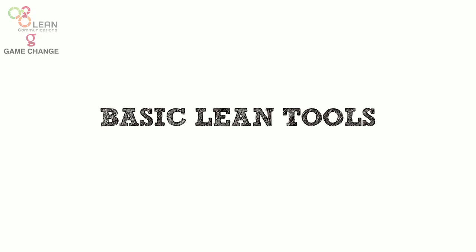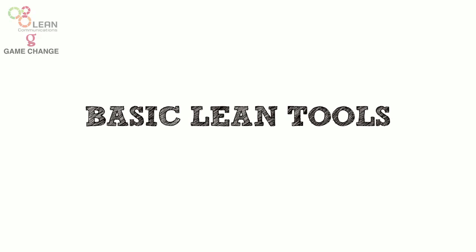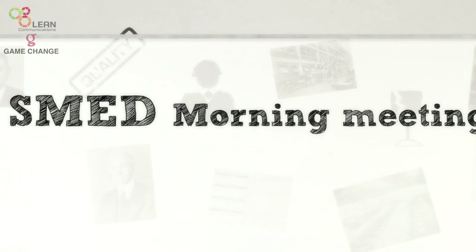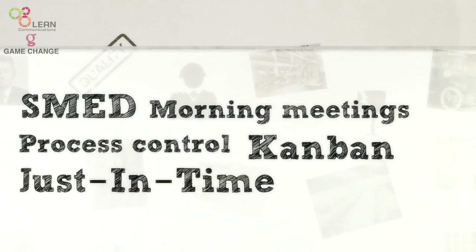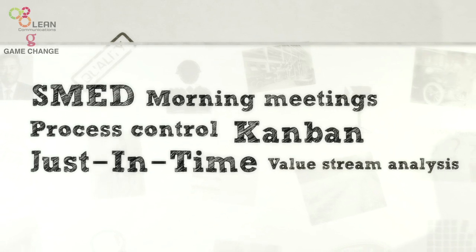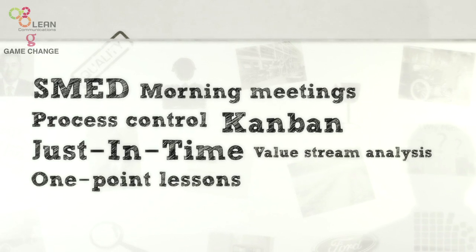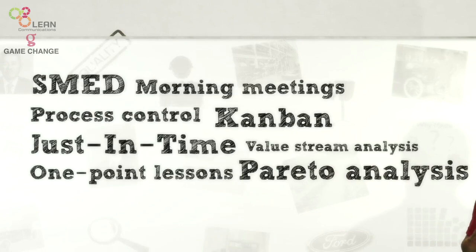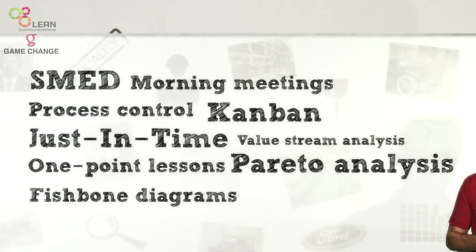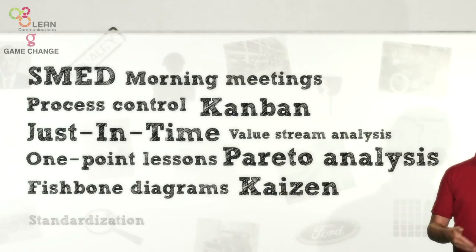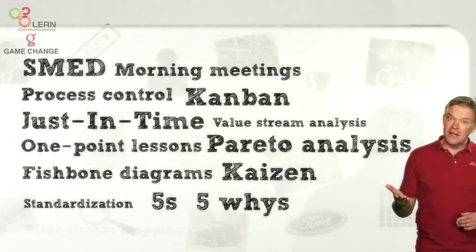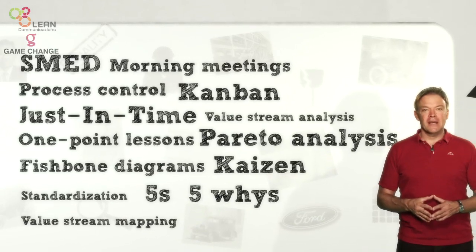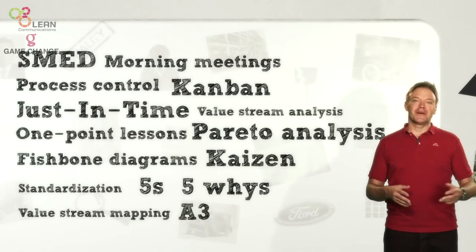There are countless tools that are used in the Lean philosophy. We can mention SMED, morning meetings, process control, Kanban, just-in-time, value stream analysis, one-point lessons, Pareto analysis, Fishbone diagrams, Kaizen, Standardization, 5S, 5 Whys, value stream mapping, and A3, to name a few.